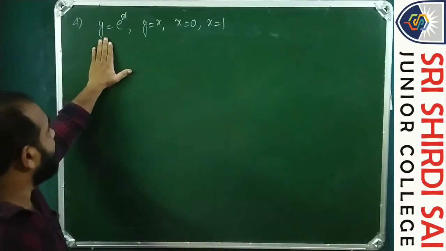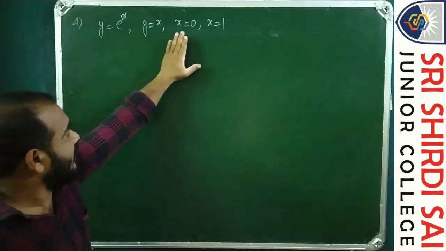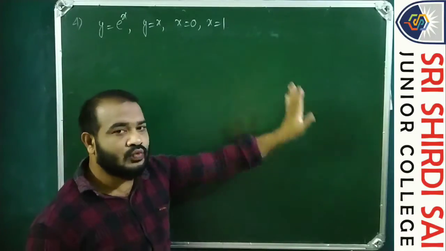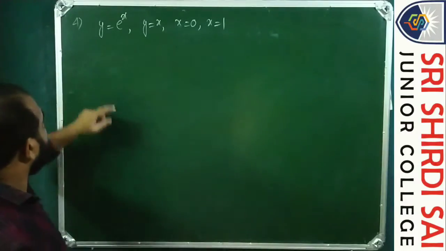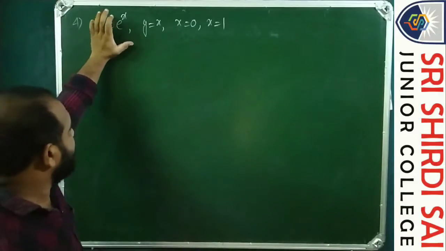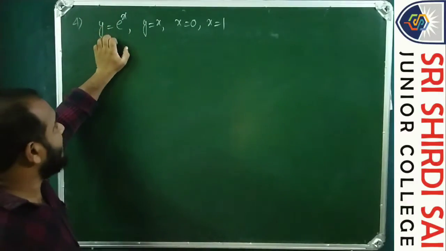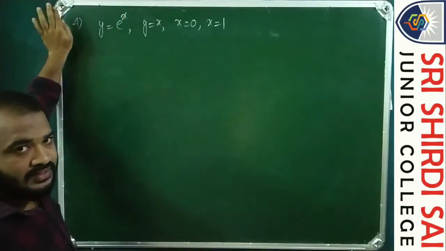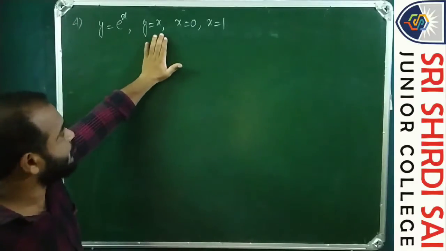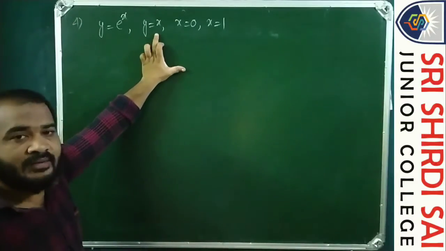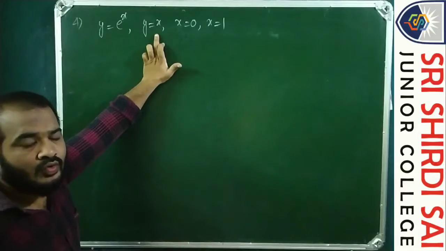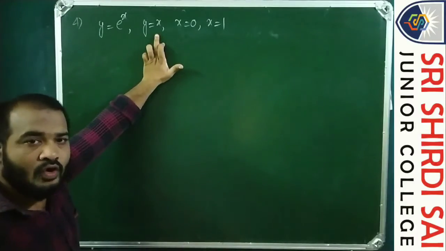Next, y is equal to e power x, y is equal to x, x equals 0, x equals 1. So y is equal to e power x, the behavior of this curve we don't know. Y equals x is y equals mx, a straight line that we know passes through the origin.